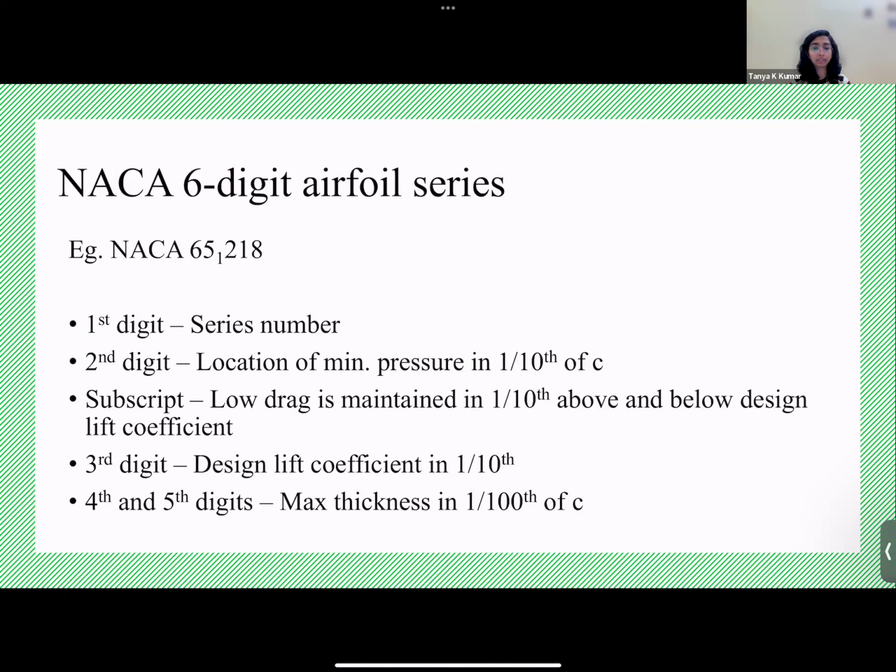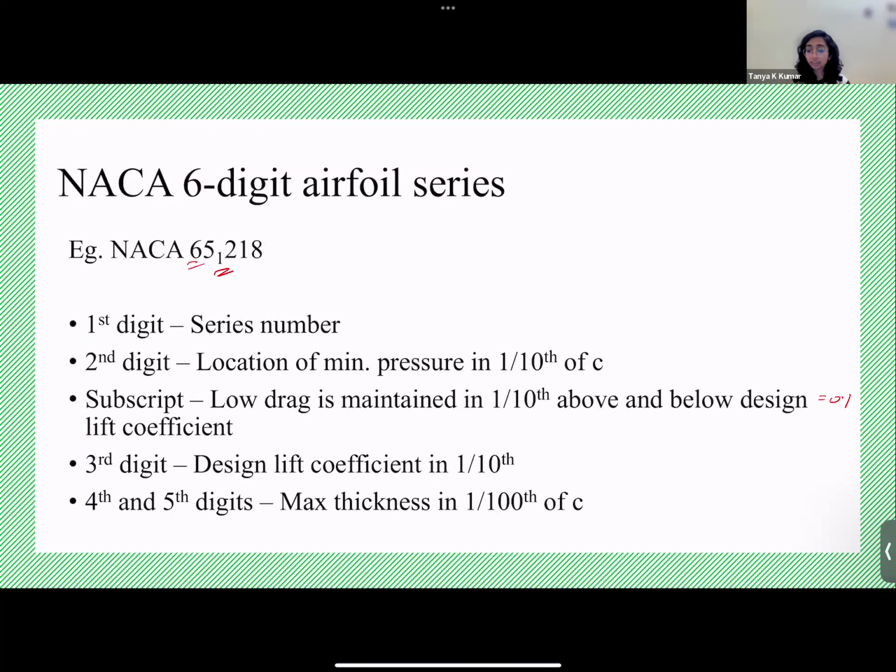It is the CL range where low drag is maintained. The number is 1, in 1/10, so it will be 0.1. So 0.1 above CL design and 0.1 below CL design, you can fly the aircraft where it gives you the minimum drag conditions.